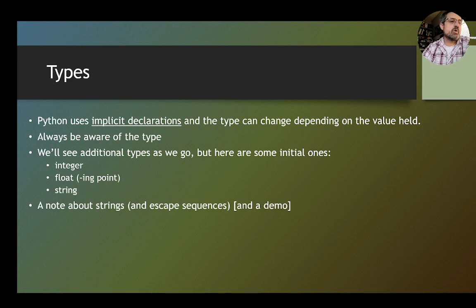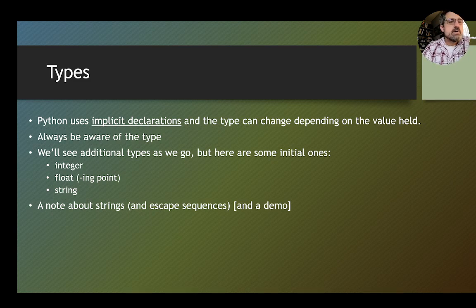And for now, those are the 3 that we'll need to worry about. As we get a little further into the course, we'll look at things like Boolean variables, sequences. We'll look at objects, dictionaries, sets, lots of other types of objects. But for now, we'll just stick with those.